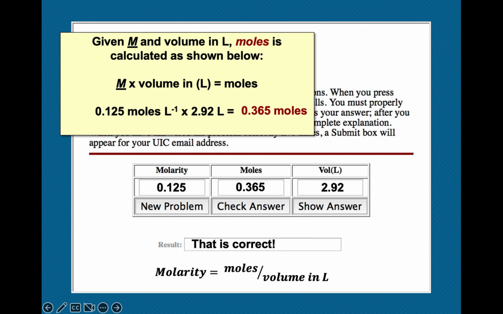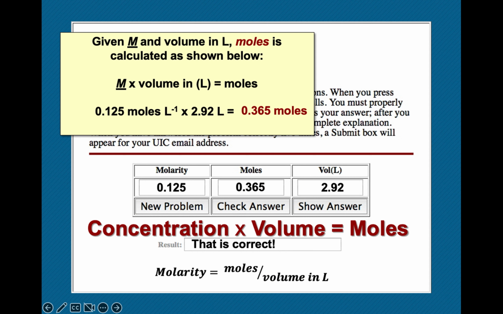Concentration times volume is moles. We'll use this a lot. It's worth remembering. Concentration times volume is moles. Any questions?